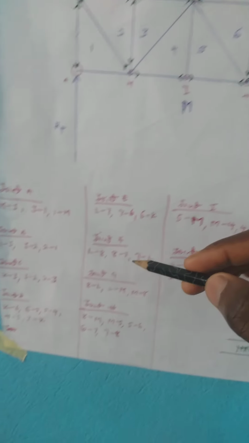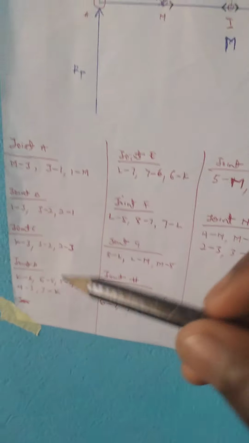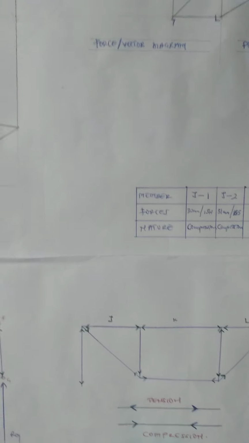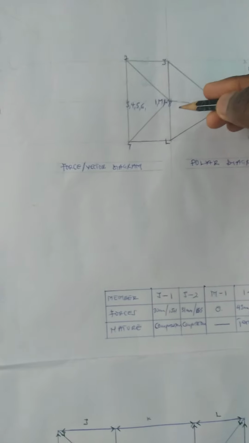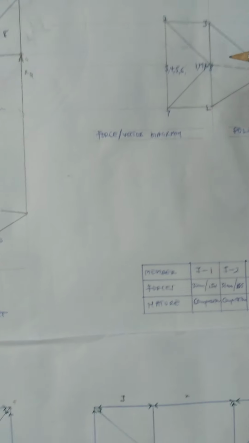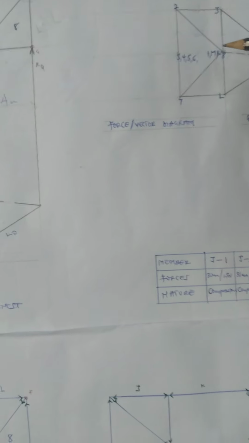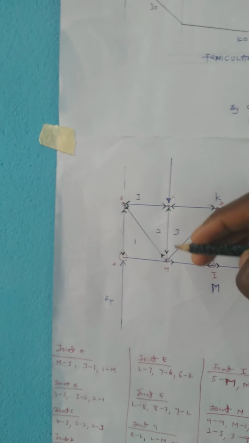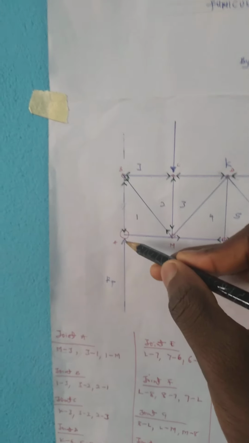When you list all the members or keep them in your head, you follow the order in which it has been lettered to look at a direction in the vector diagram. After looking at a direction in the vector diagram, whether it is coming down or going up, you keep it in mind and come back to that particular member, considering the specific joint which you took.